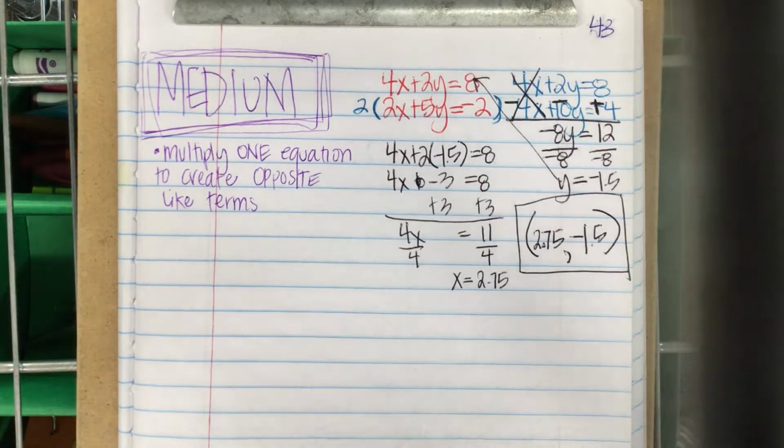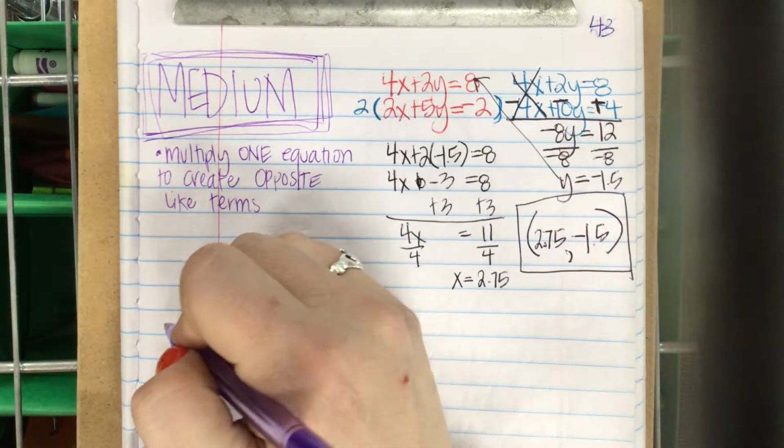Medium problems. So medium problems aren't that different than easy problems. You just have to look at it and say, okay, there's one thing I can multiply by and it'll fix it. And then I'm fine. Easy, medium, hard. Here come the hard problems.